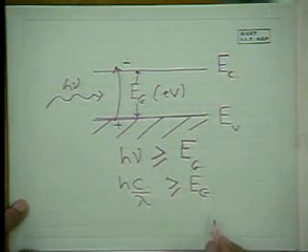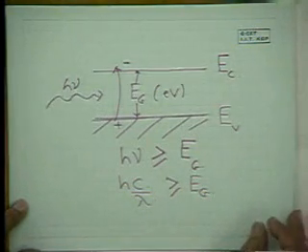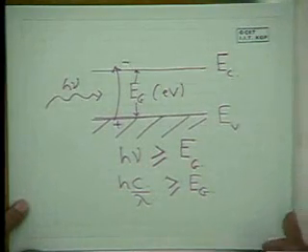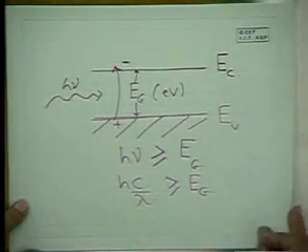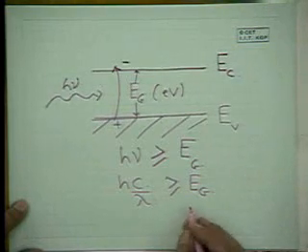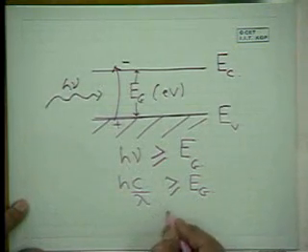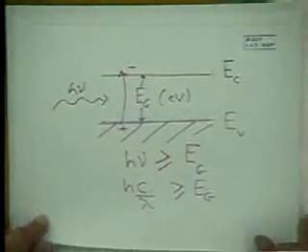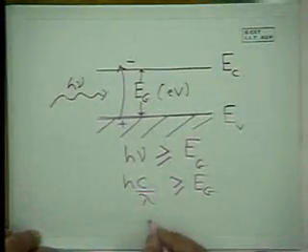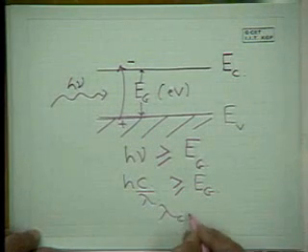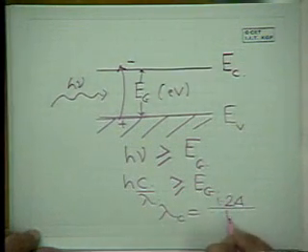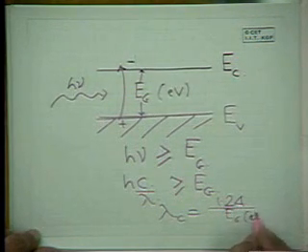So the most elementary and important optoelectronic property of a semiconductor is that there is a cutoff wavelength lambda, which is equal to 1.24 by Eg in electron volts.